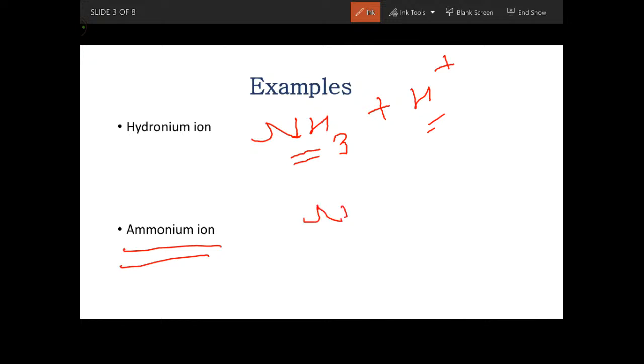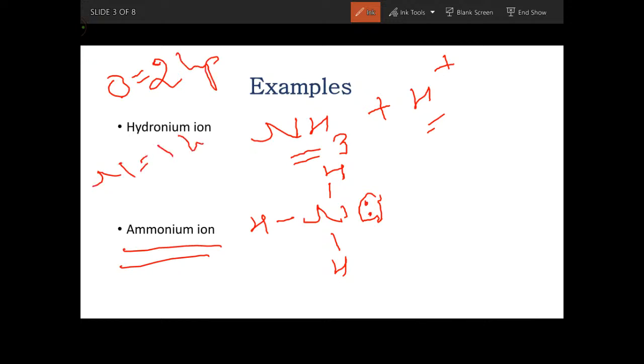On this side there is one H, one H, one H, and one lone pair is there in the case of nitrogen. You have to remember, in the case of oxygen there are always two lone pairs, and in the case of nitrogen there is always one lone pair.